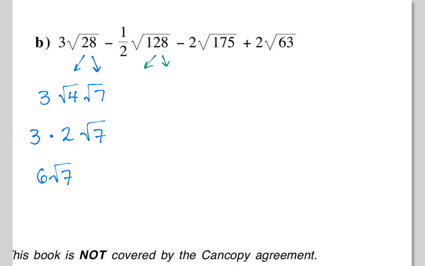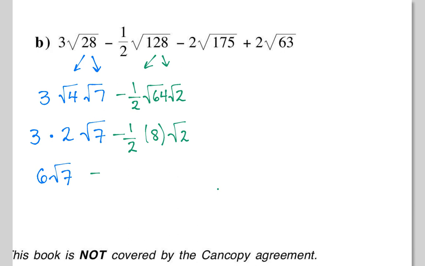So the minus 1/2 comes for the ride, and we use 64 and 2. Simplify square root 64. What does square root 64 become? We just talked about that. That's 8, and then we have root 2. Now, what is half of 8?